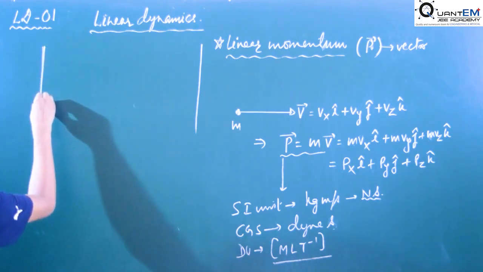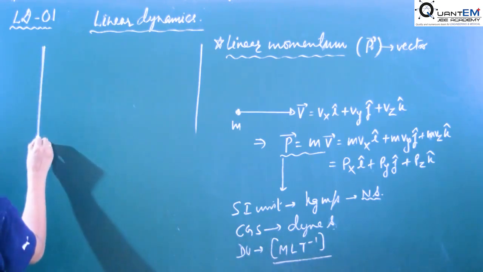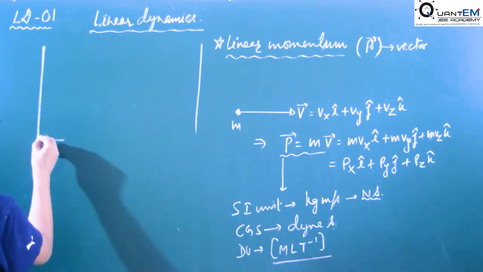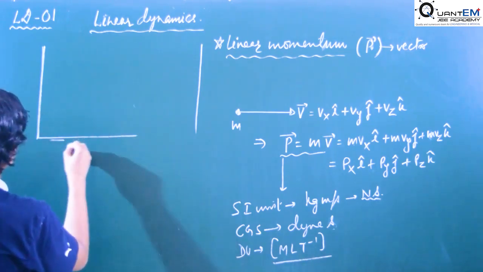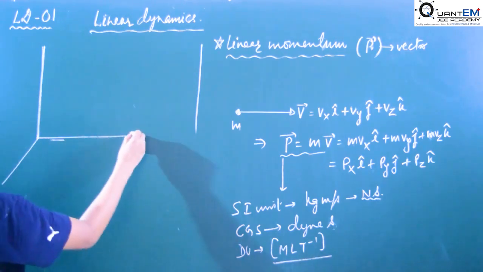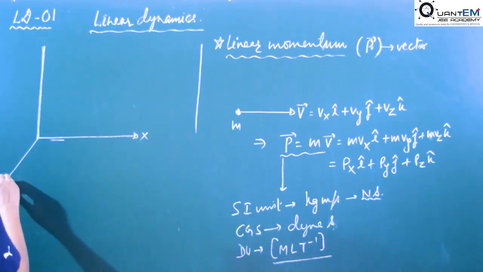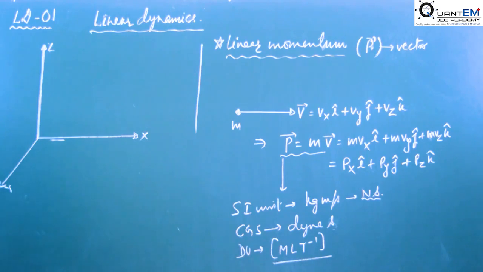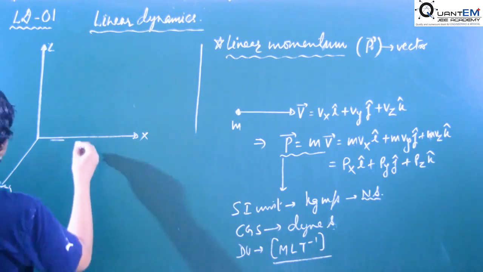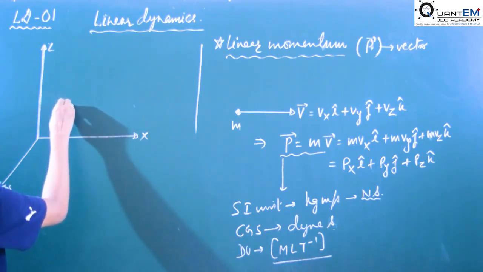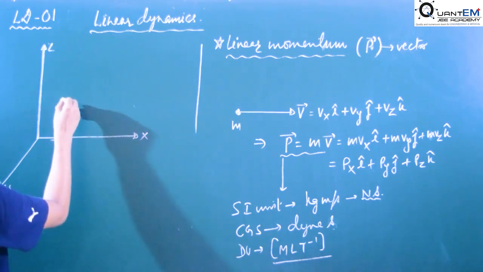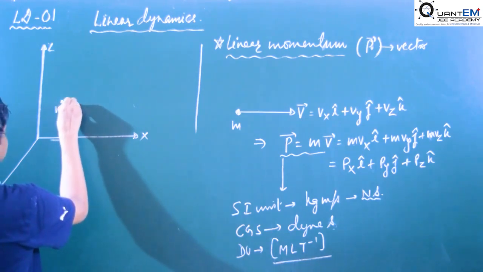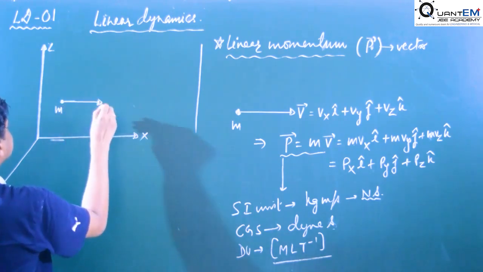Suppose in a three-dimensional coordinate system with axes X, Y, and Z, a particle of mass m is initially moving with velocity v1.